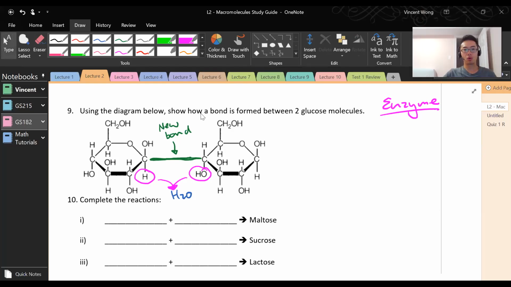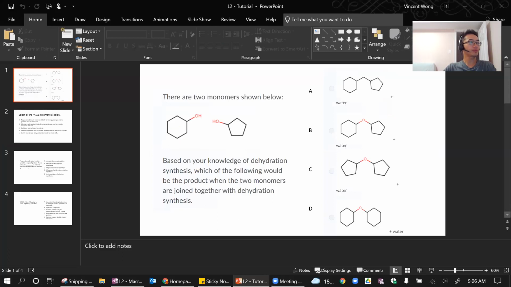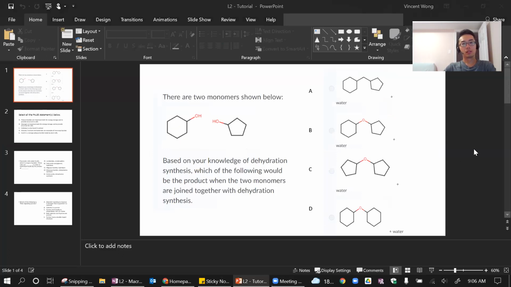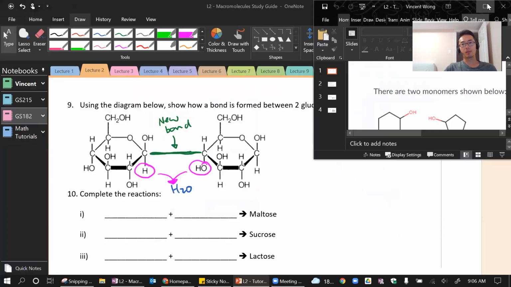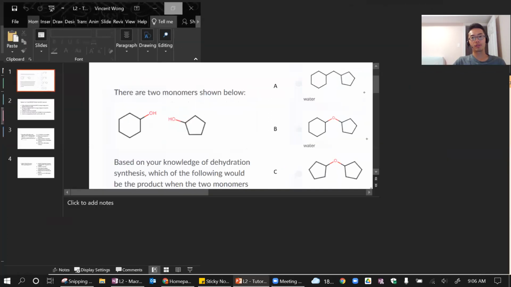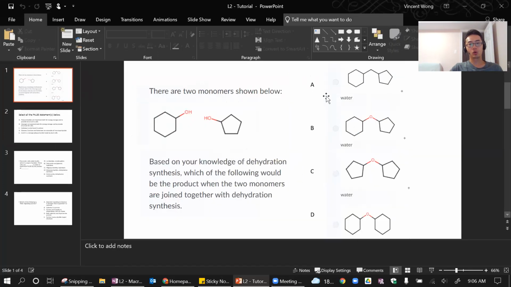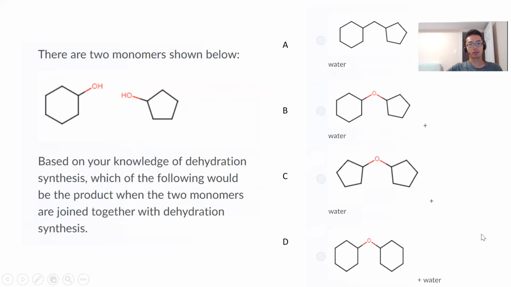Let's do a poll question. Never mind what the hexagon and pentagon mean. It just means there are 6 carbons here and 5 carbons here. But if I have 2 monomers showing like this, based on what we just discussed for dehydration synthesis, which of the following would be the correct result? Go ahead.